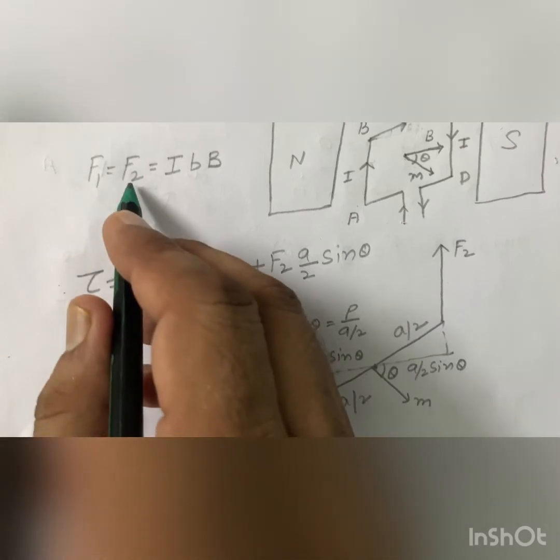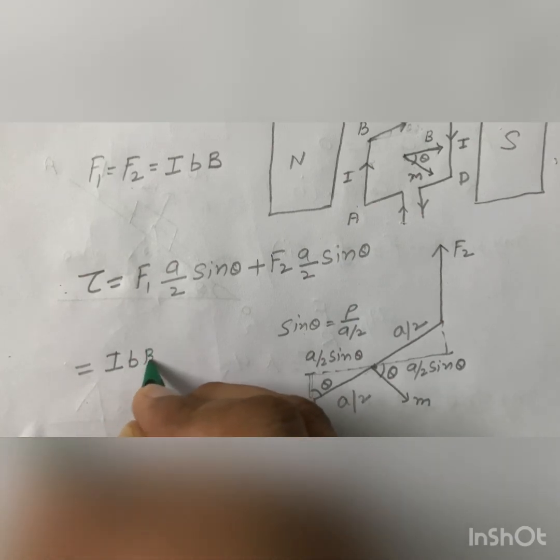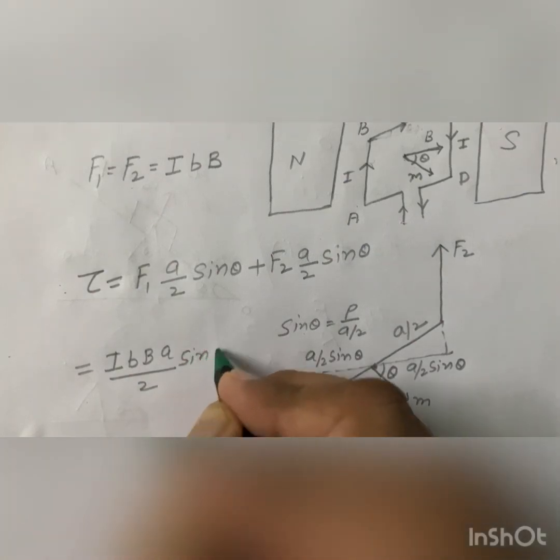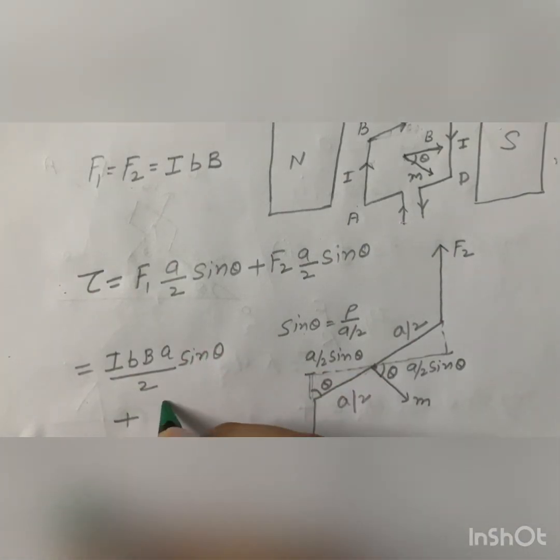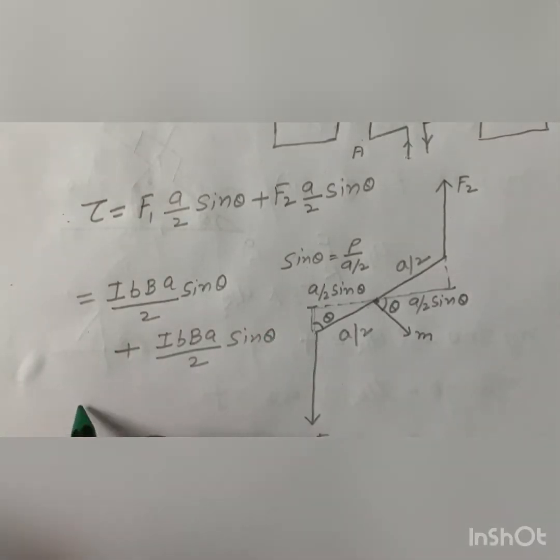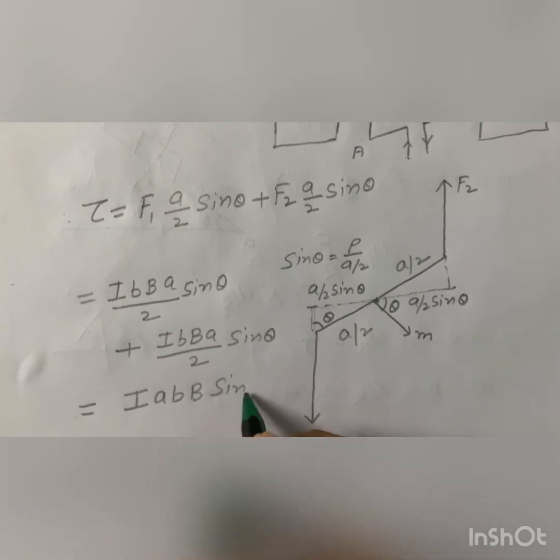As we know, F1 equal to F2, that is equal to I b B, so it is I b B a over 2 sine theta plus I b B a over 2 sine theta, or we get I a b B sine of theta.